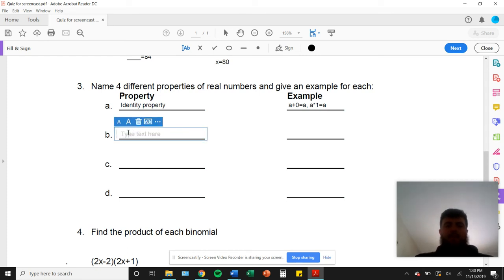The next property we talked about was the commutative property.